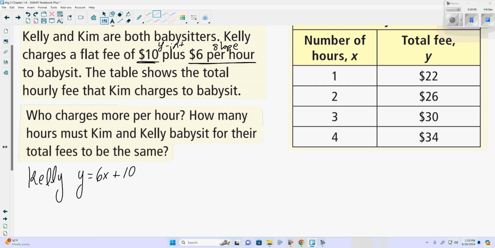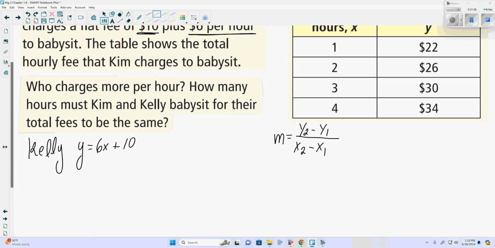They gave us everything we needed to get the equation of the line. Now for Kim, we're going to have to do some calculations. The first thing we're going to need to do is find the slope. So y2 minus y1 over x2 minus x1. All right, guys, let's pick two y values. 26 and 30. 26 minus 30. Corresponding x values would be 2 minus 3.